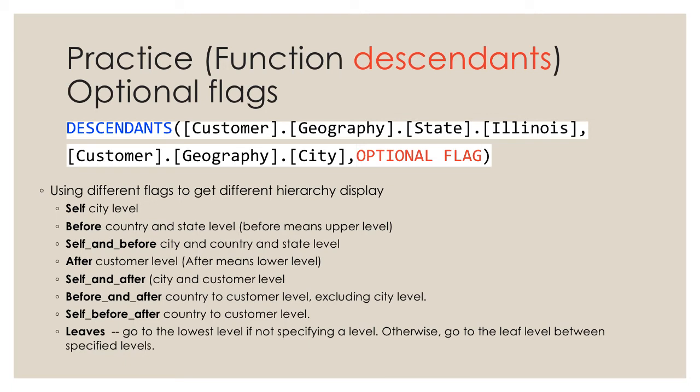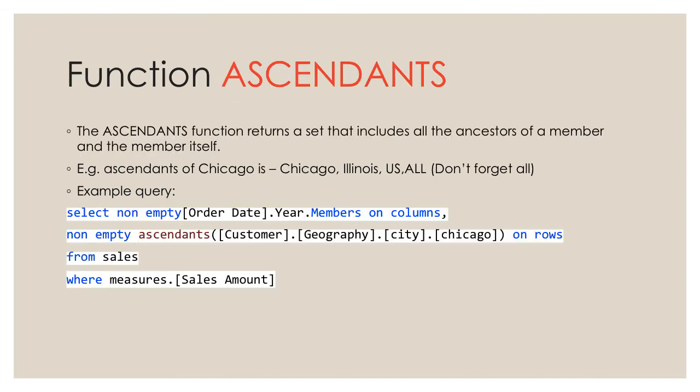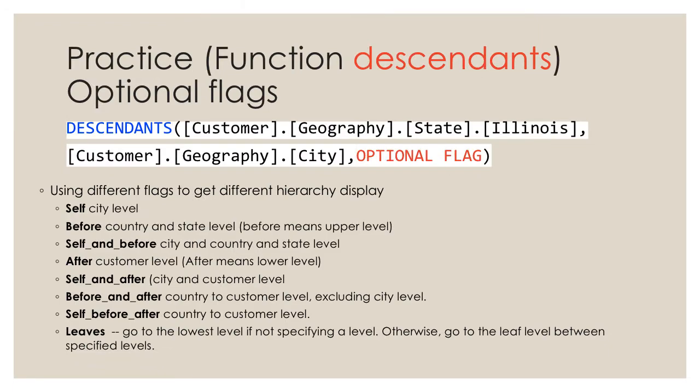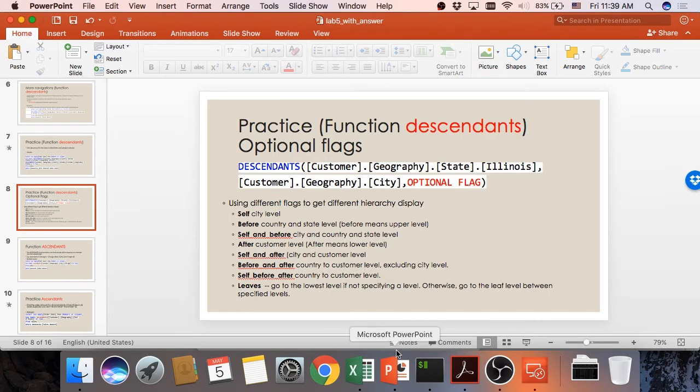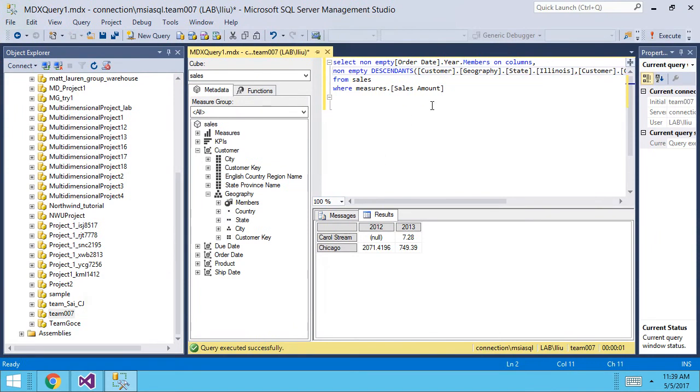All right, so this is how the optional flag works. Maybe we should try one. Which one do you want to try? Okay, here I have an example on Illinois.